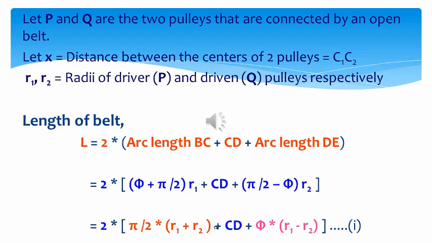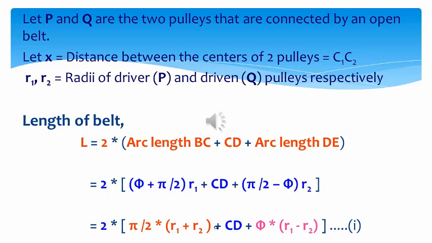So if we want to find the length of the belt, we know that length of the belt is equal to 2 times the arc length BC plus CD plus arc length DE. You have to refer to the previous diagram.